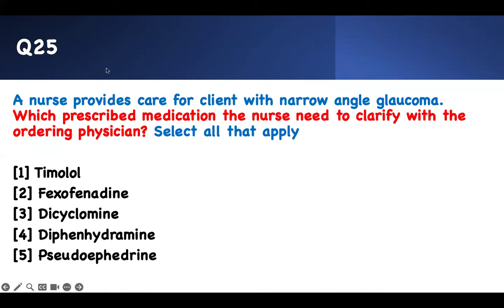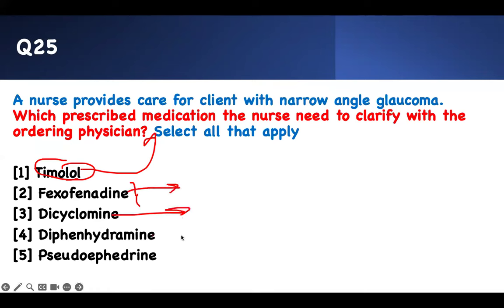And timolol is what is used for the treatment, right? It helps prevent worsening of glaucoma. It's the treatment for glaucoma, and that's what you depend on, right? This one is not good. One of the H2 antihistamines is bad.